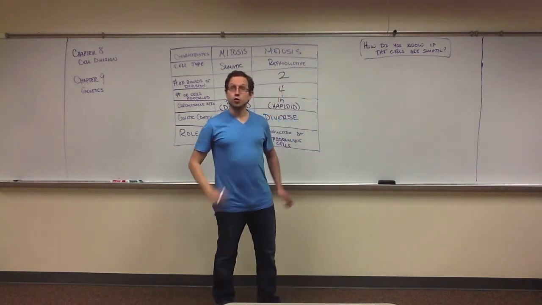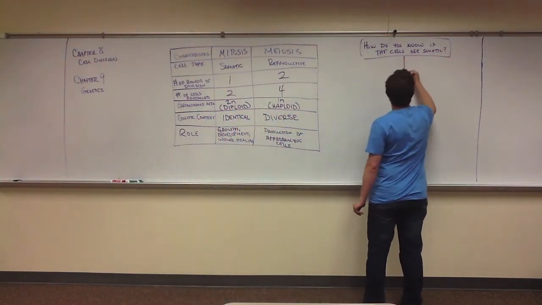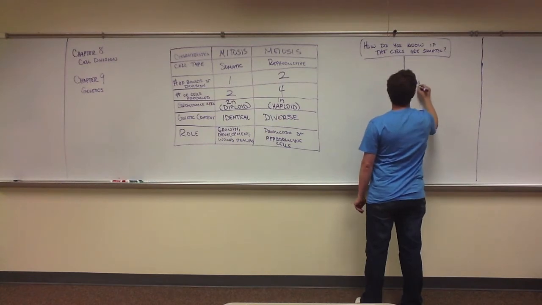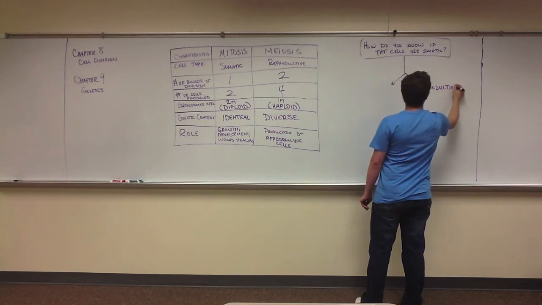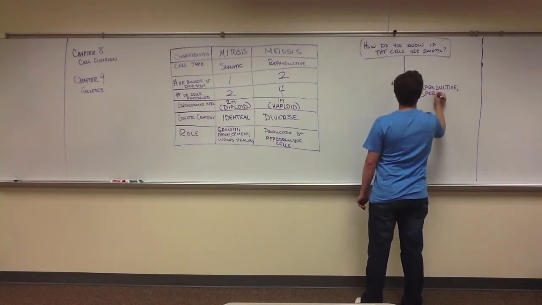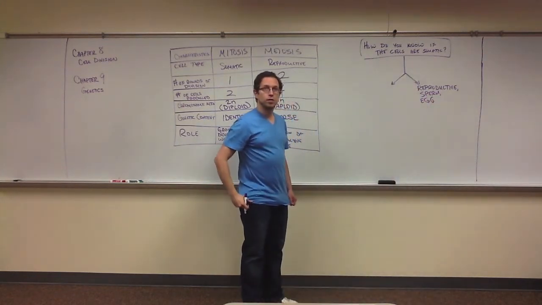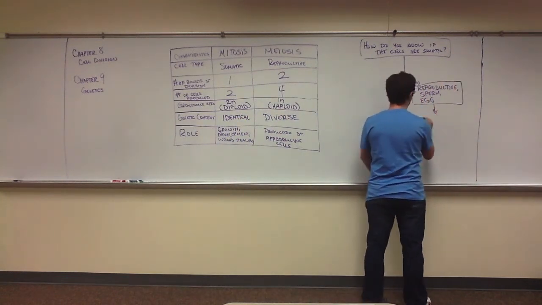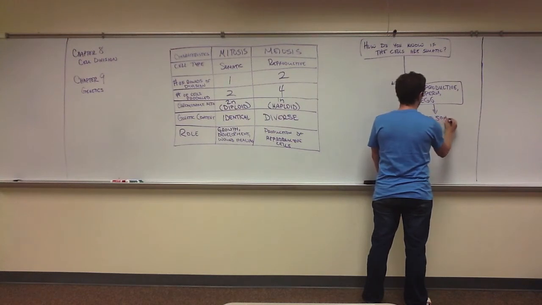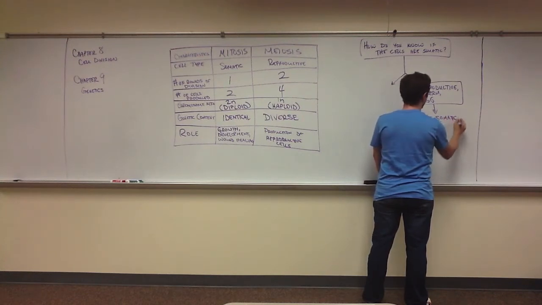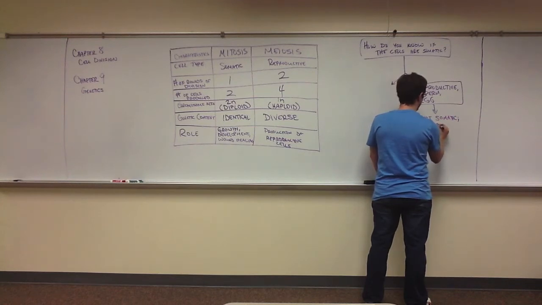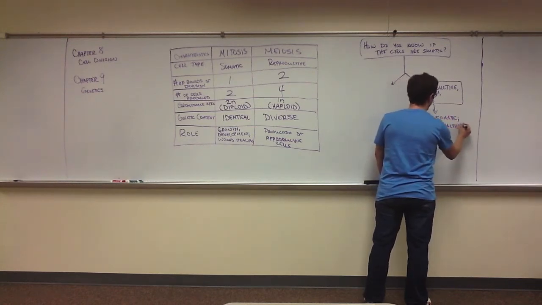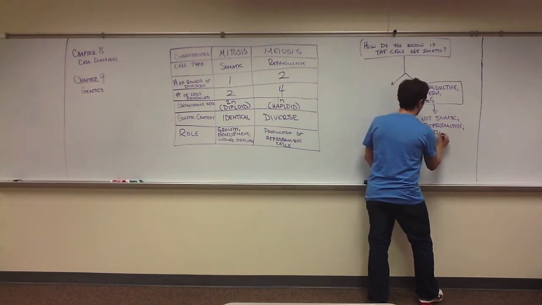Okay? So there are two pathways. Again, first off, if you hear the word reproductive, sperm, egg, anything like that, then you're not looking at somatic cells. Instead, these are reproductive, and that means you're going to be looking at meiosis.